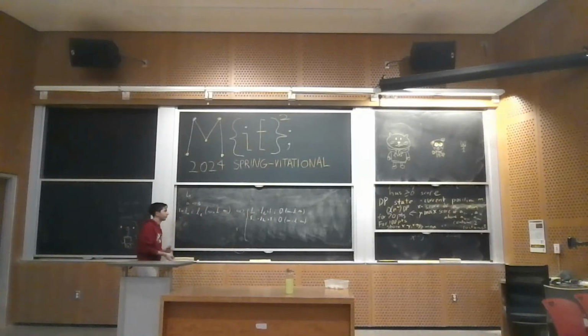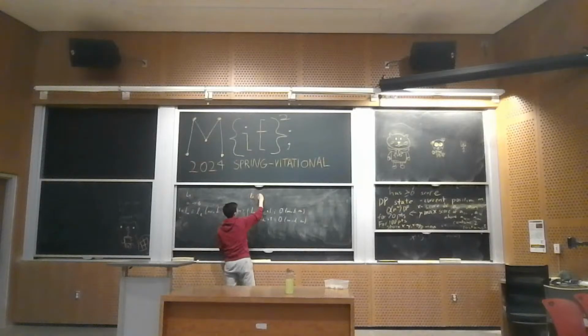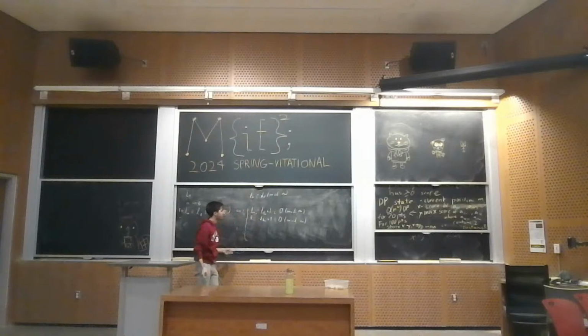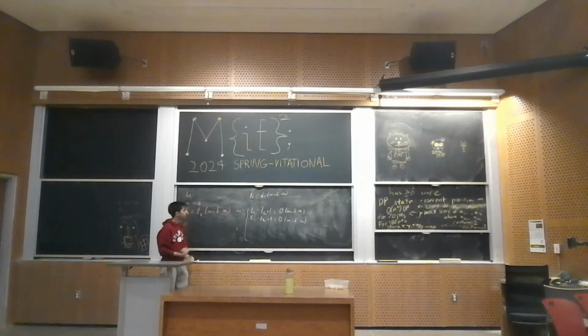We also have this, that L_B is congruent to d_B modulo n, where d_B is the distance from node 1 to B. Node 1 is just an arbitrary node.